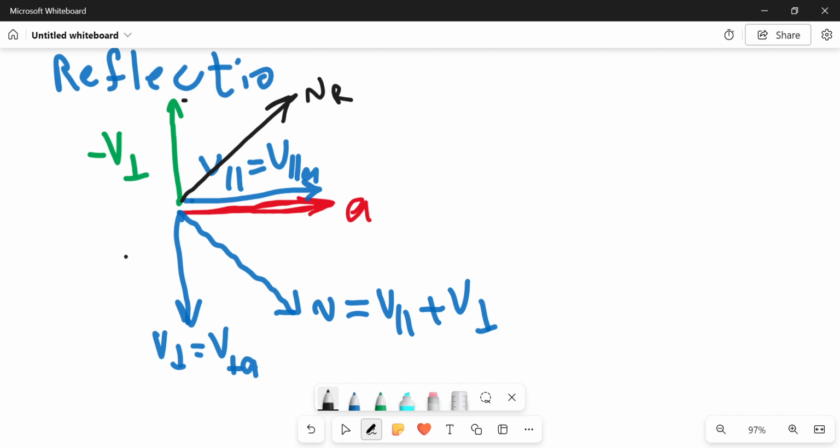We get this vector, we call it VR. Now, we want to find an expression for VR. This is our task. What is VR?